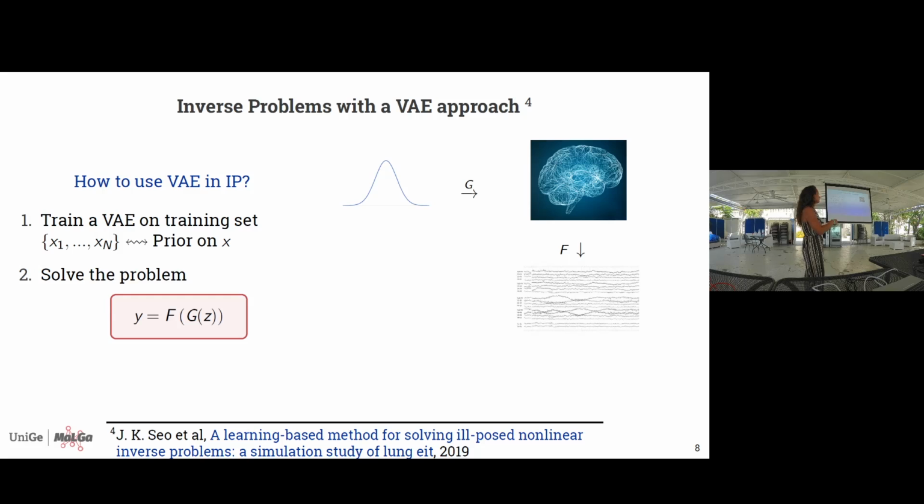And so we have to compute both the gradient of F and the gradient of G, the generator. Okay, thanks.